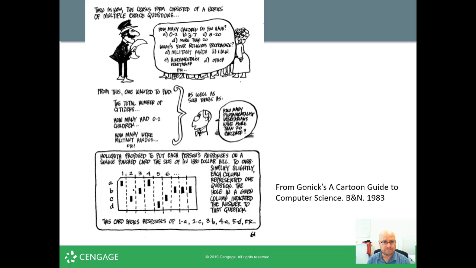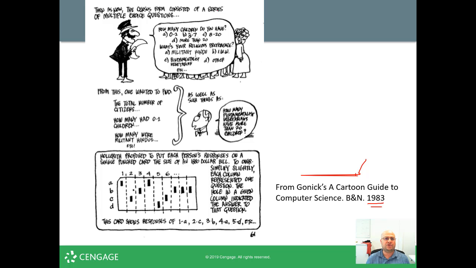This is an example of the Hollerith machine, a cartoon example of the Hollerith machine. This is a great book, kind of old, but very difficult to find a copy. This is from Bonnick's A Cartoon Guide to Computer Science.